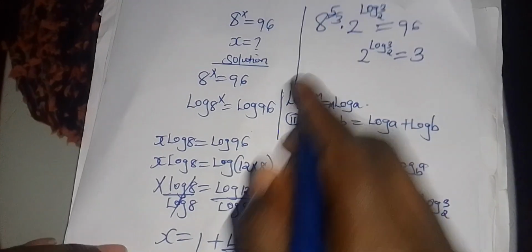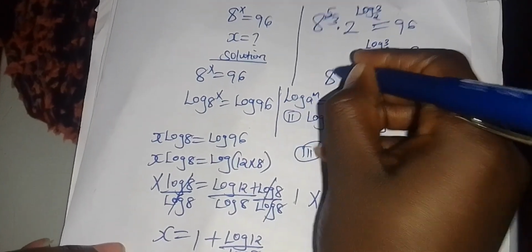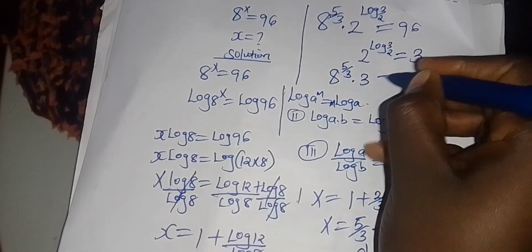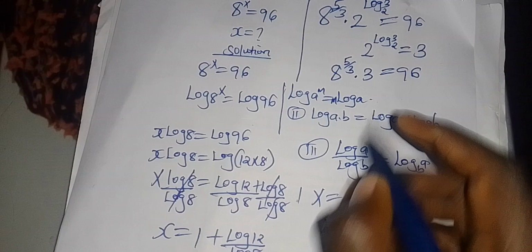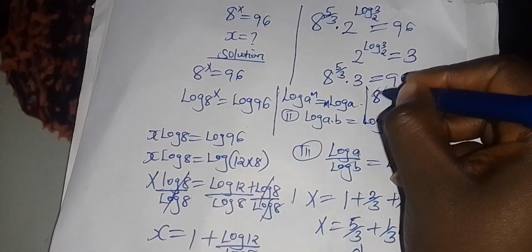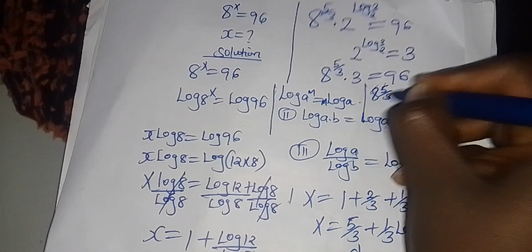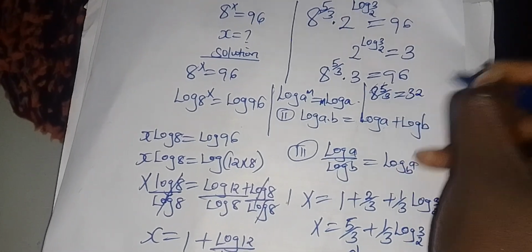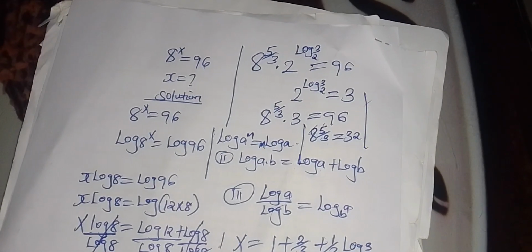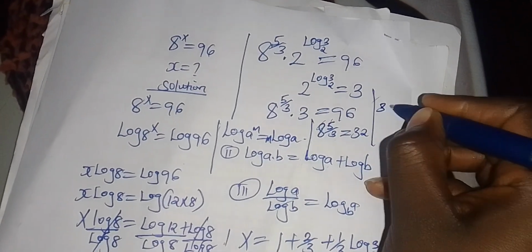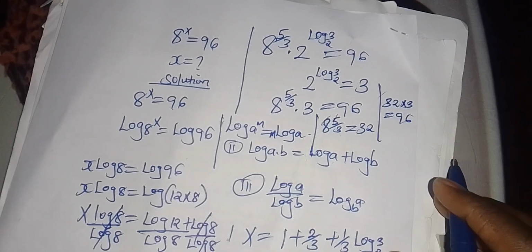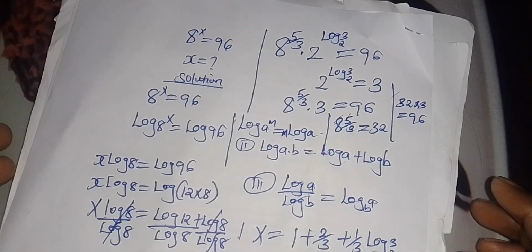So now we are going to have 8 raised to the power 5 over 3 multiplying by 3. 8 raised to the power 5 over 3 is equal to 32, and 32 times 3 is equal to 96.